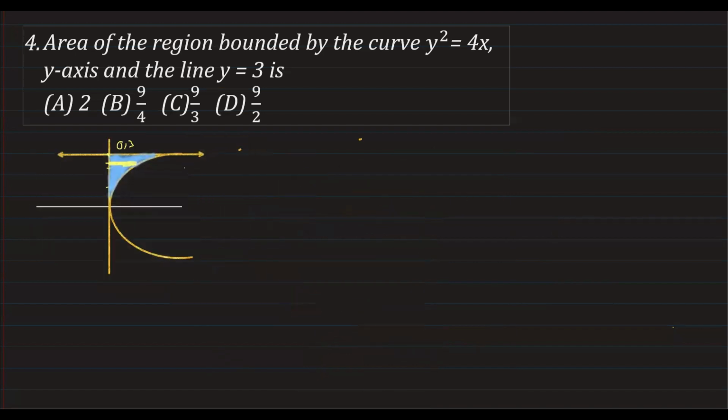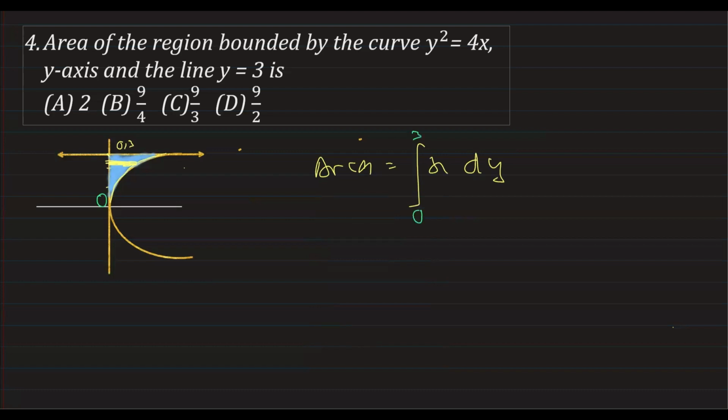So here the required area, or the area of the shaded region, is bounded by this curve, and the strip rectangle whose length is along the x-axis, so it should be x dy integration. The limit here is along the y-axis, so it should be 0 to 3.